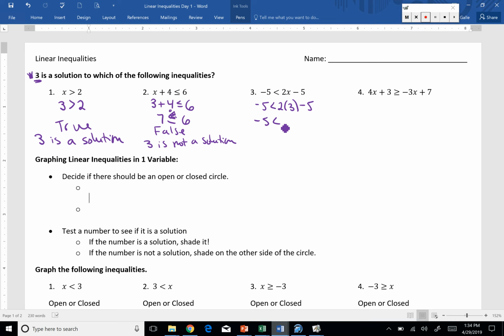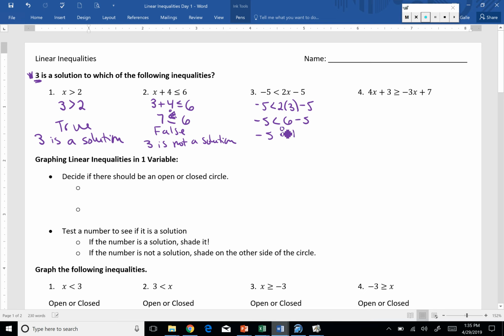If I do this piece by piece, 2 times 3 is 6. 6 minus 5 is 1. So as I look at those two values, if I read it just as is, negative 5 less than 1? If you're not very good with, is that a less than, greater than, not sure how to read it, think about our gator.